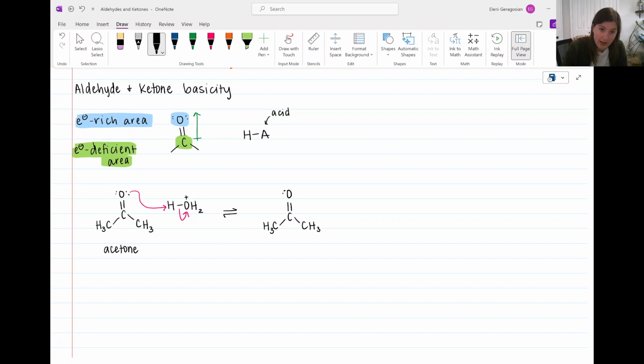One set of the oxygen lone pairs is now present in the bond to the hydrogen. It now has a +1 formal charge, and we have our H2O as a byproduct.